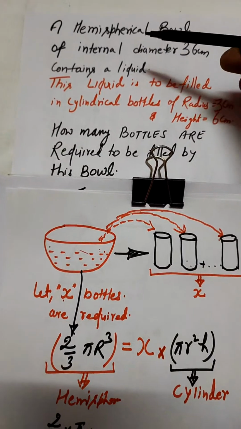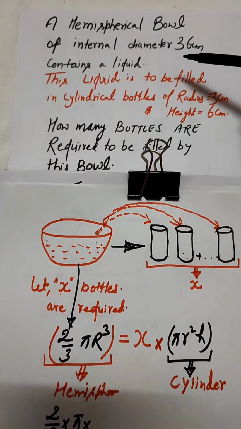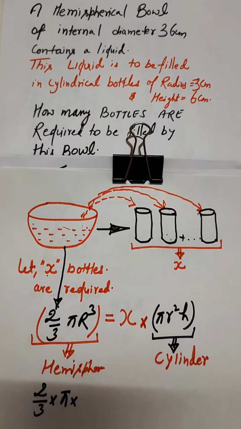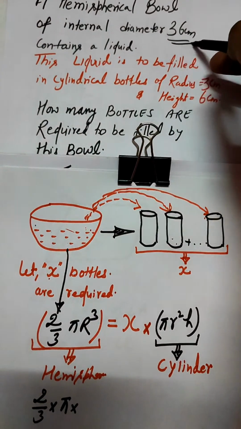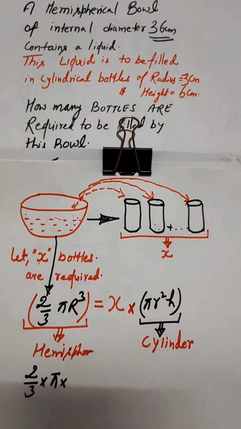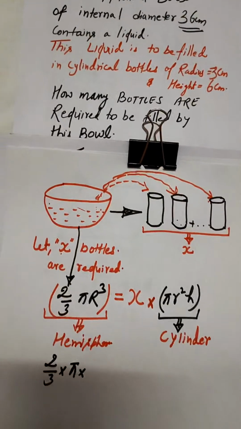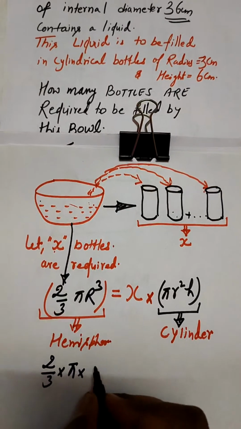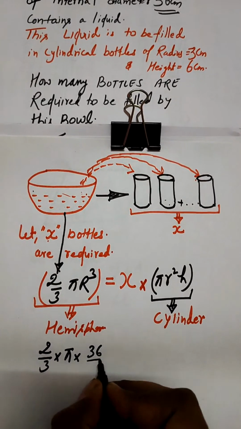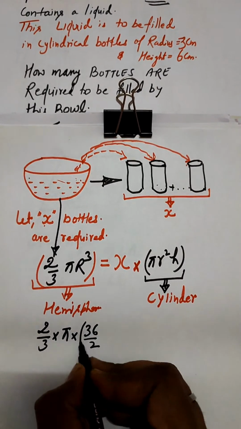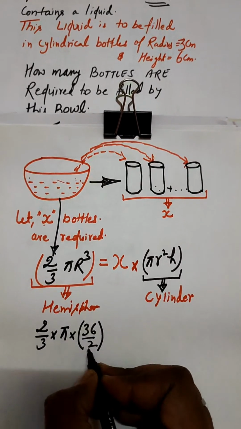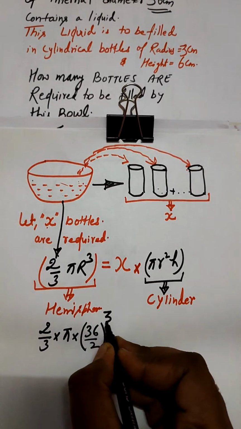The hemispherical bowl has an internal diameter of 36 centimeter, so 36 centimeter is the diameter. What will be the radius? The radius will be 36 by 2, because the diameter is divided by 2 to get the radius, and it will be cubed.